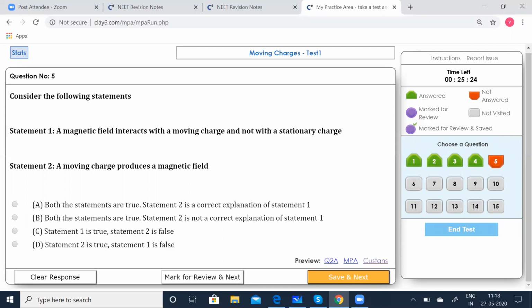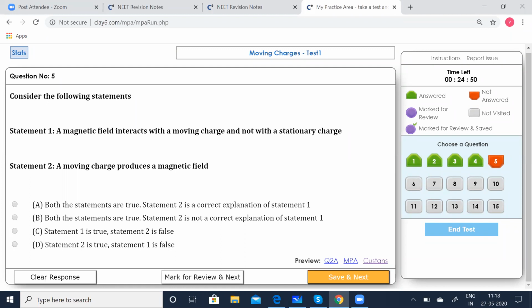Stationary charges will not experience any induced electric field in a uniform magnetic field. You all know that. Only when the charges are moving, there will be changes in the magnetic field, and there will be a magnetic interaction between the charge and the external magnetic field, as a result of which there will be a field produced by the moving charge.